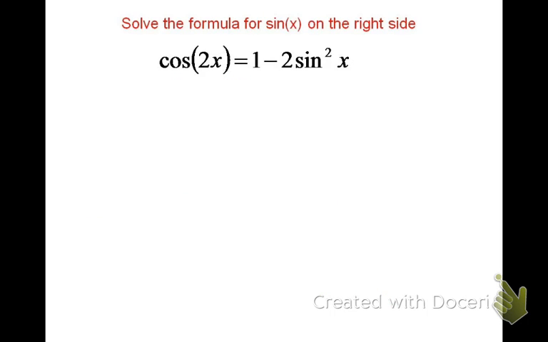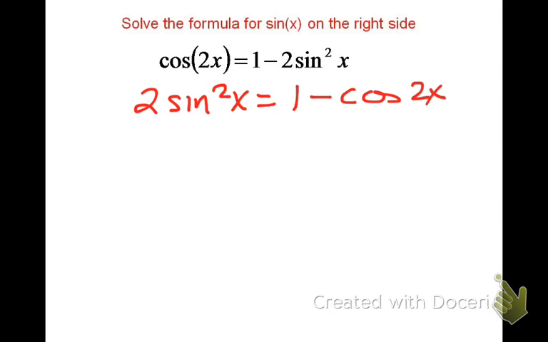Next, let's look at the cosine again, but this time using this formula, and we're going to solve for sine of x. This time I'm going to add the 2 sine squared to this side, and I'll leave the 1 and I'll subtract the double angle formula over here. Dividing both sides by 2.